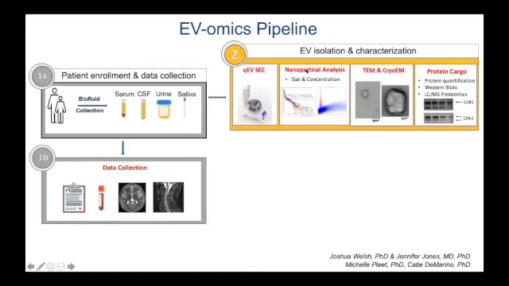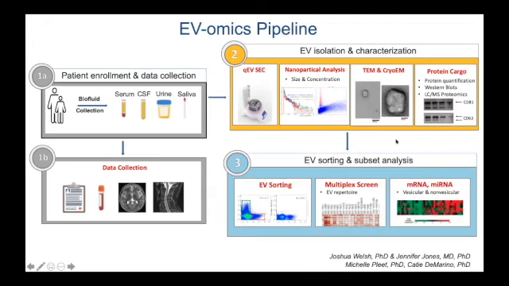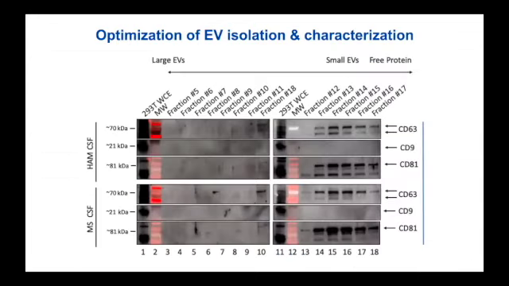We developed this pipeline for isolation and characterization of EVs using primarily the QEV columns, Spectrodyne for size and concentration, EM for characterization, as well as protein cargo analysis, and various RNA and multiplex and flow cytometry characterization.